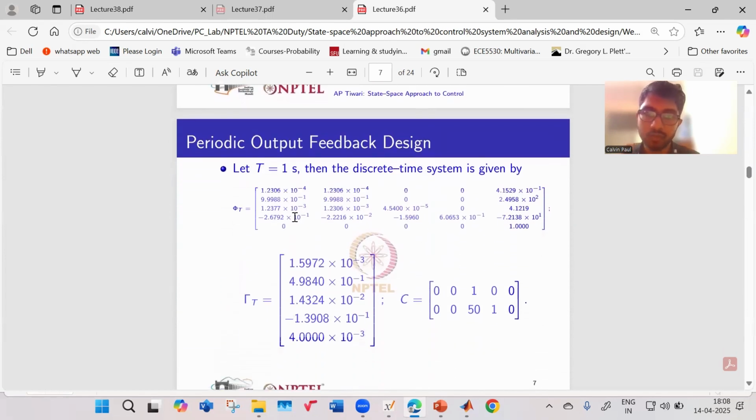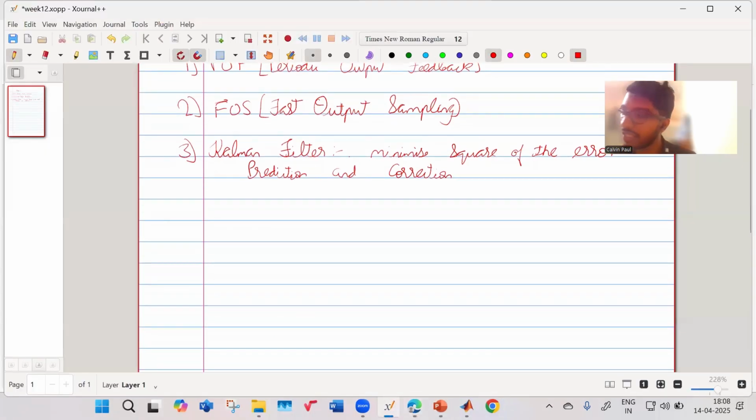Now this is our Phi, and this is Gamma. So how is this obtained? POF and FOS are digital control algorithms.